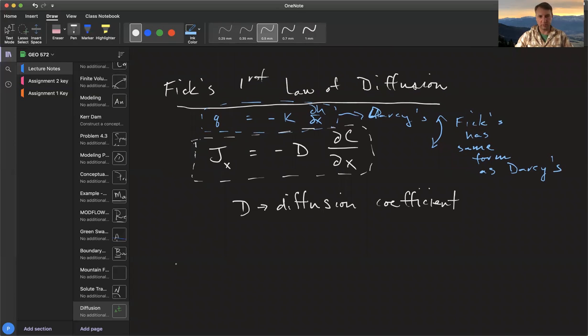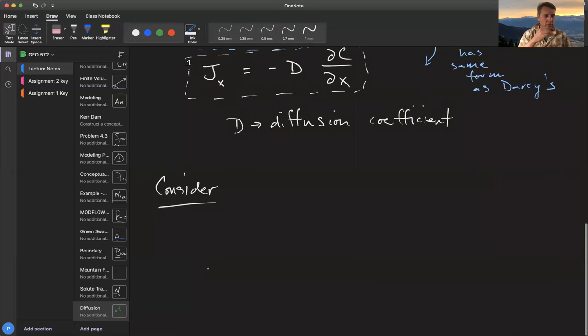So let's consider some porous media. We've got a bunch of sediment grains here.